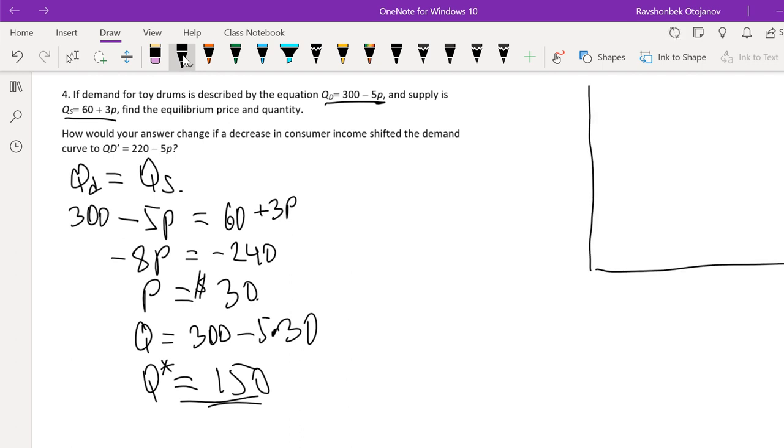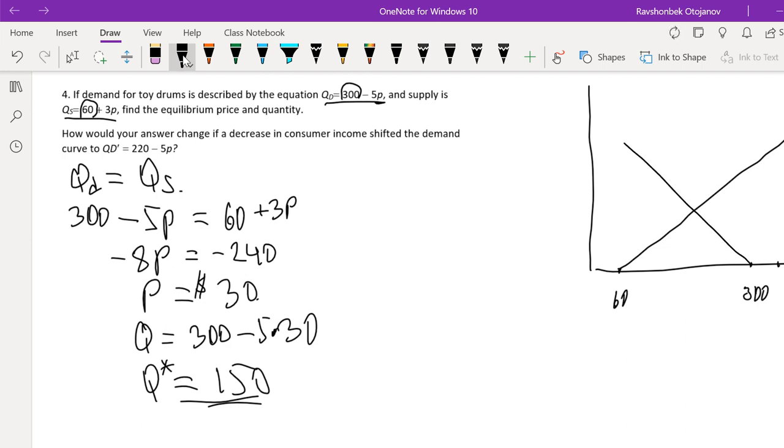If we were to draw it, we will then have supply somewhere here. Say this is 60, given this value here, and here is maybe 300, given this in the demand equation.